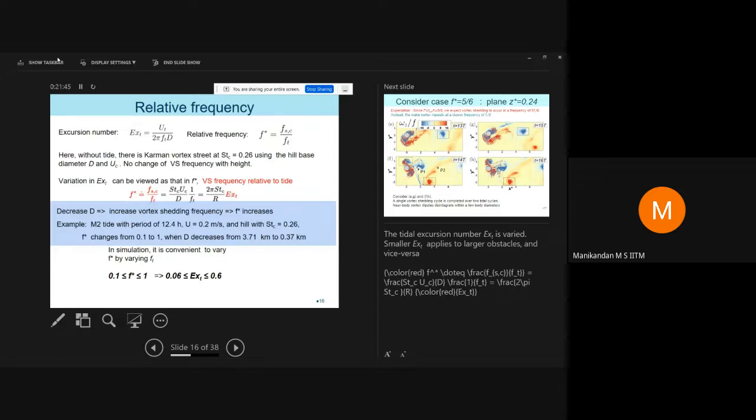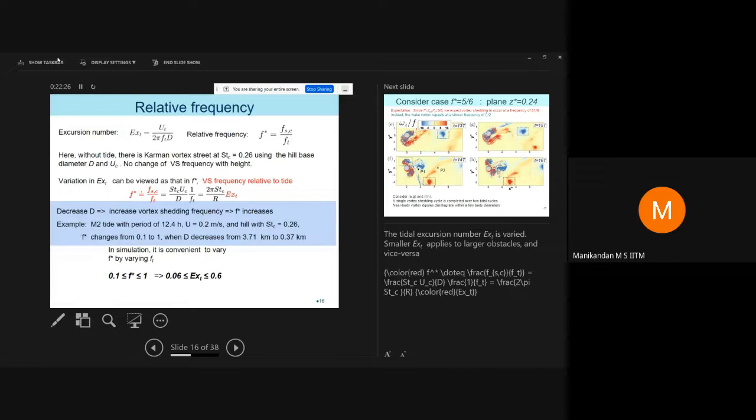So what we do here is that we will change f_t to change f star. And the shedding frequency f_sc is the Strouhal number, which in this case is 0.26, times U_c over D. So that's your regular definition. And you can see that f star is proportional to D over U. So essentially what we are doing here by changing f star, the equivalent in the ocean is that you have a certain hill or a certain topography, and you have a tide with a certain frequency, and you have a multi-scale topography.